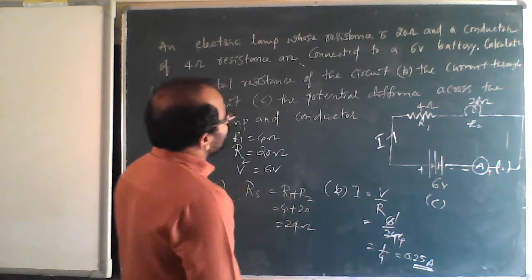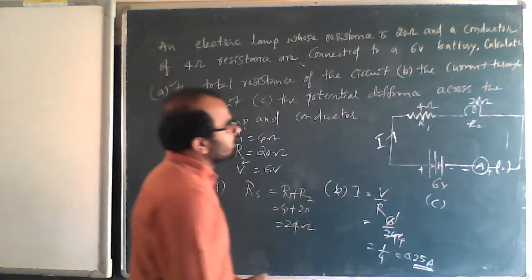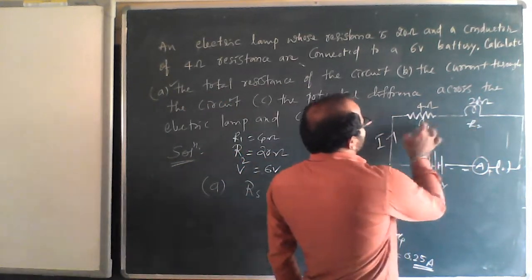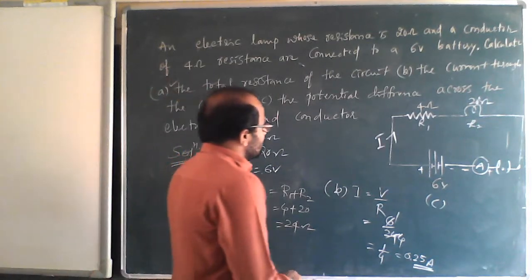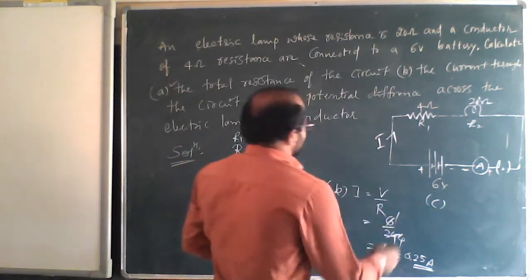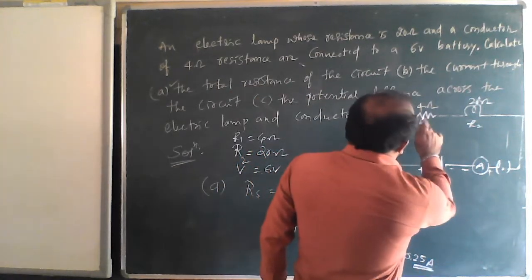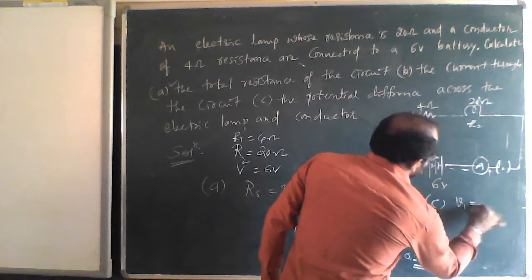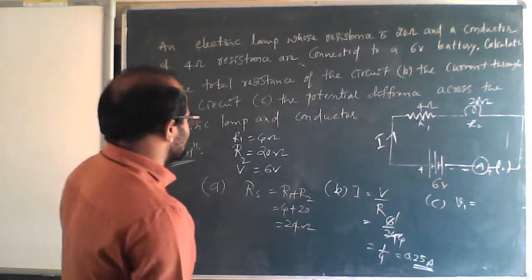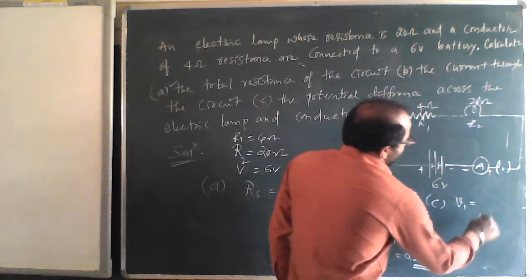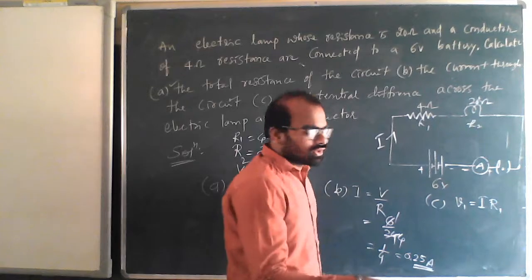So now I have to find the potential difference, that is the voltage across both lamp and conductor. For the lamp R2, for the conductor R1. R1 is the conductor or resistor, you can say. The potential difference across R1 is V1, across the 4 ohm resistor. V is IR, here R is R1.